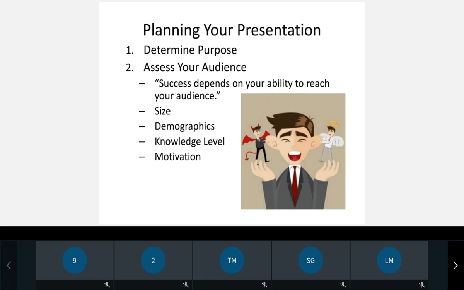It could be in front of one single individual, that is during an interview. Many a time, when people are giving an interview, they forget that they are giving a presentation. They forget that the interviewer is looking for your presentation. It could be with the help of technology, it could be face to face. When you are attending any personal interview, you should remember each interview is, in fact, a presentation.